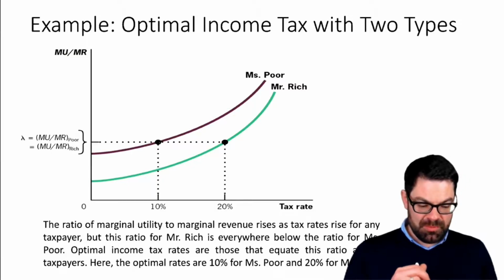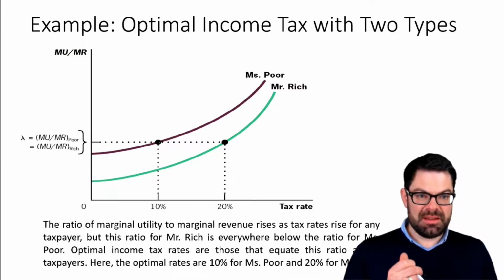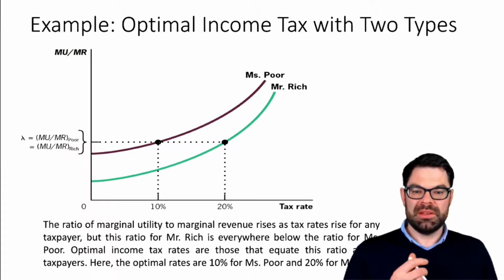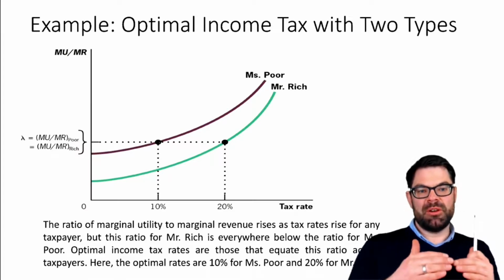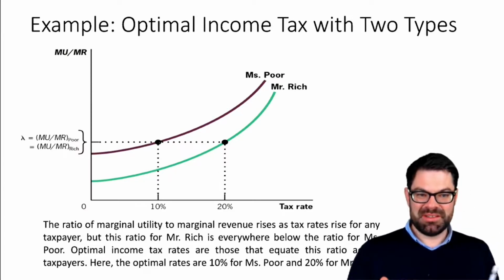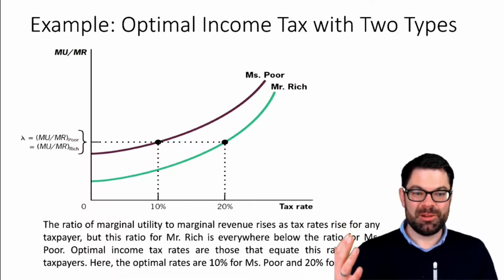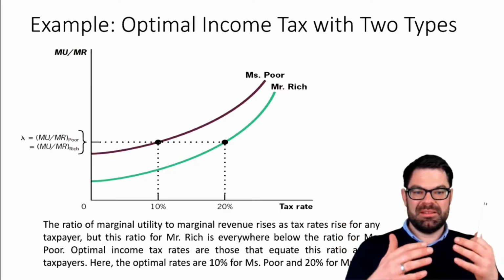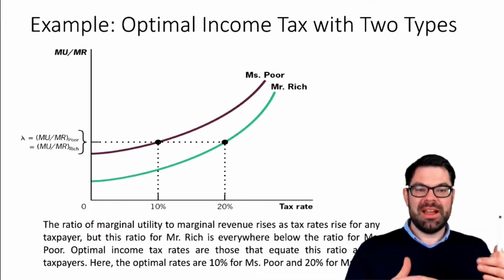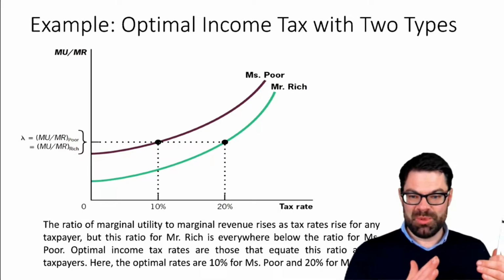So let's think for a second what that means. Okay, so why is the curve for the low income earners, who's called Miss Poor here, higher than the one for the high income earner, and why is it upward sloping?